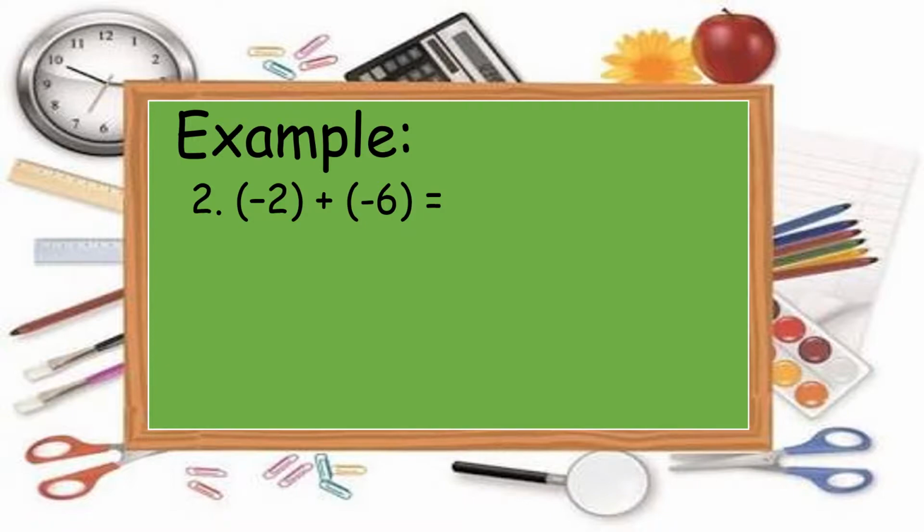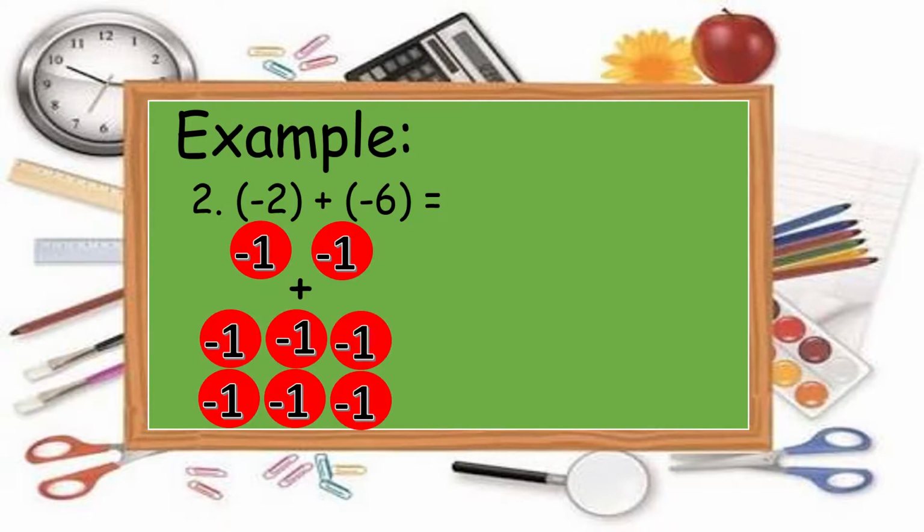Now, how about if we have negative 2 plus negative 6? Again, we're going to draw the following using the blue and the red disk. Since negative pareho yung ginamit natin, red disk lang yung gagamitin natin. So yung negative 2 will be represented by 2 red disks, at yung negative 6 naman will be represented by 6 red disks.